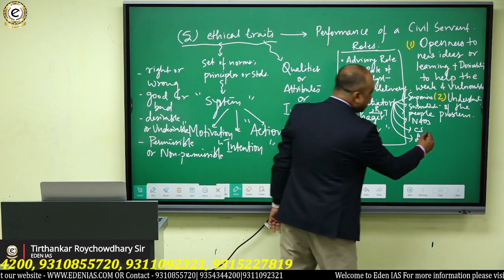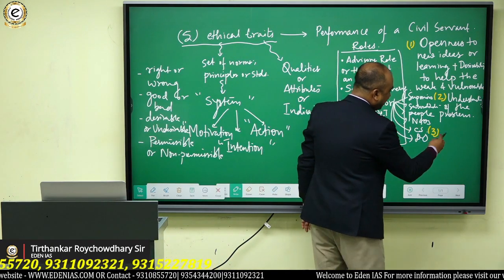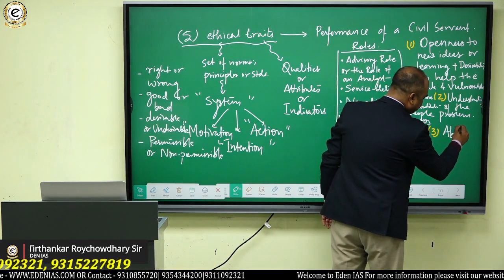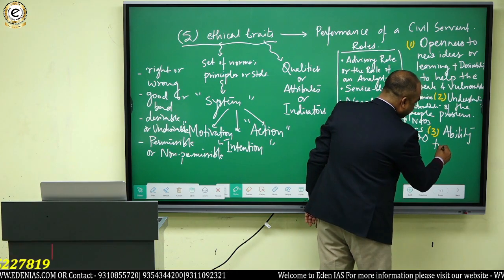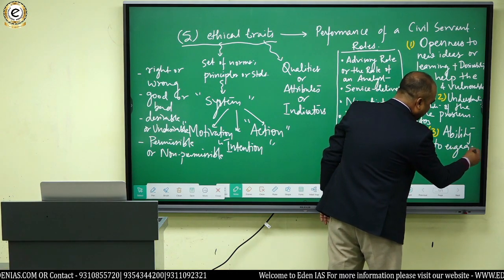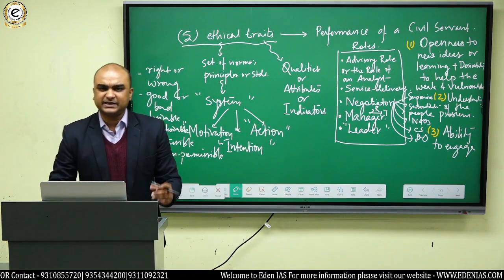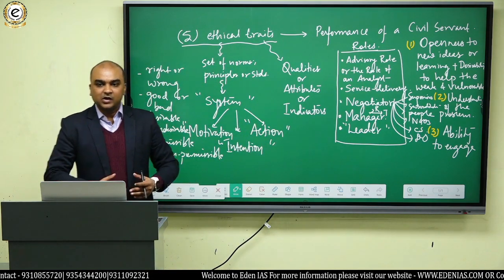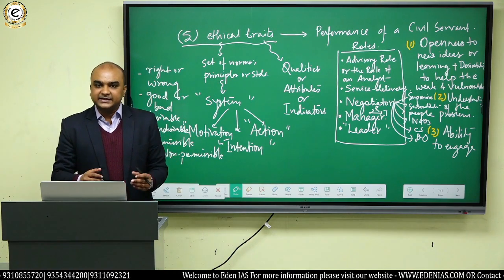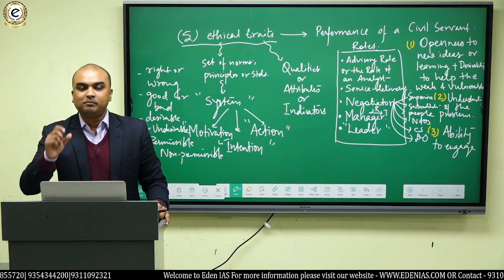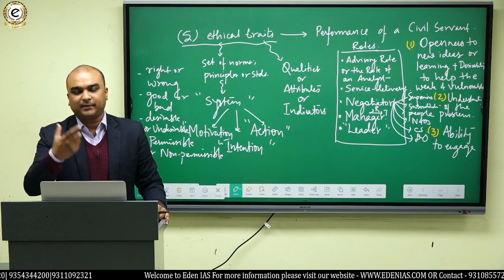The third ethical trait is the ability to engage with multiple stakeholders. Because if a civil servant cannot engage himself or herself with multiple stakeholders, then he would not be able to build a consensus around a particular issue.